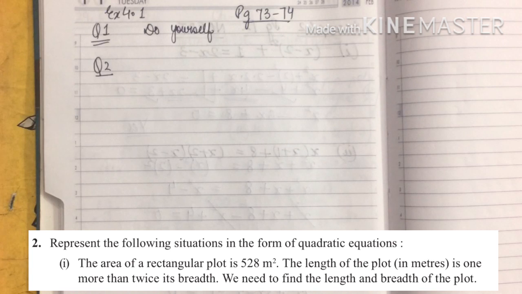Your quadratic equation should be in single variable. You cannot have two variables. In this question, there is a relation given between length and breadth, and the area is given. So we will start by assuming the length and breadth, and then use the area to make our quadratic equation.